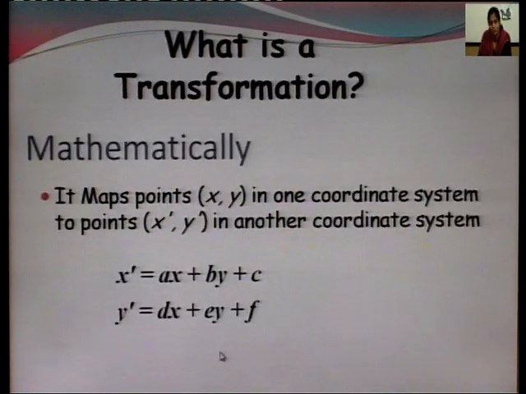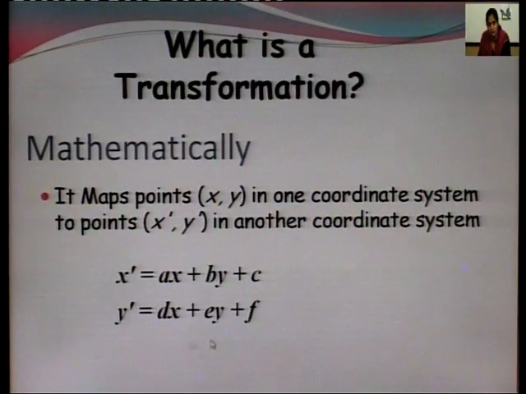That means a transformation maps a point (x, y) in one coordinate system to another point (x', y') in another coordinate system. The new description of the point is written as a linear transformation, ax + by + c, and this means a new coordinate x' is produced by relating the values of previous coordinates x and y by some linear equation.